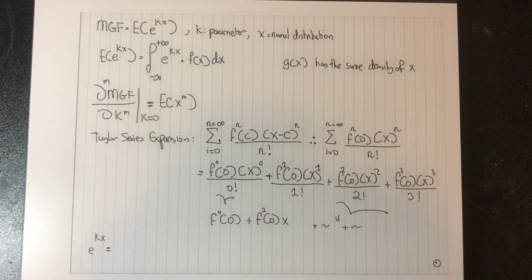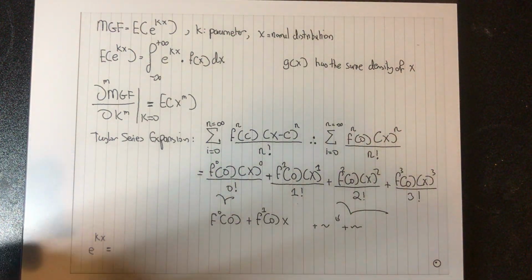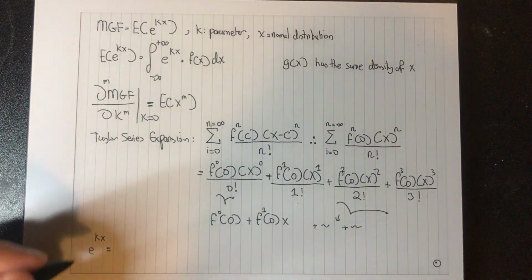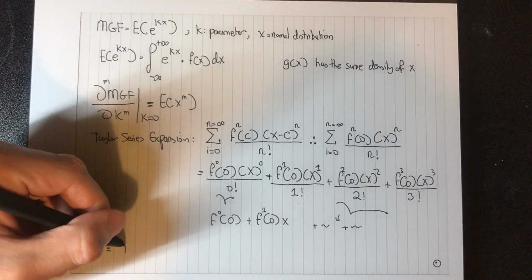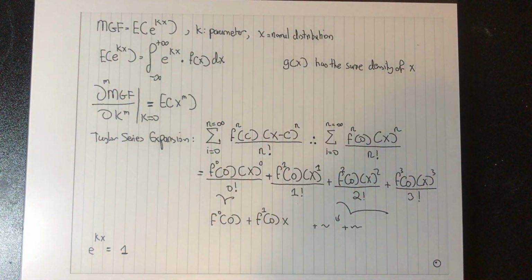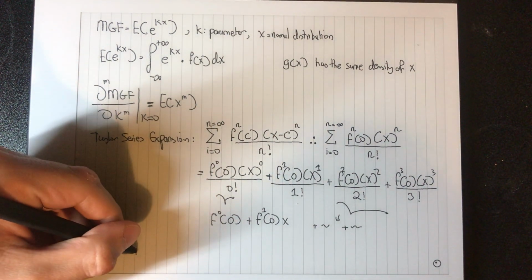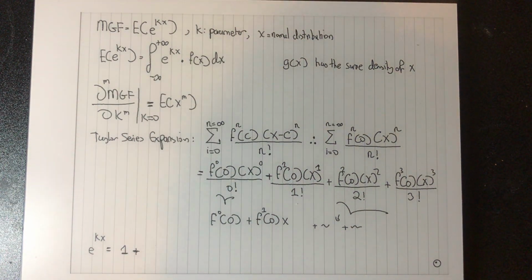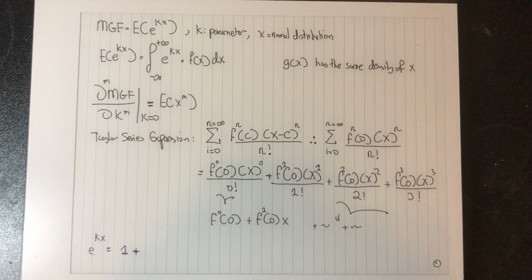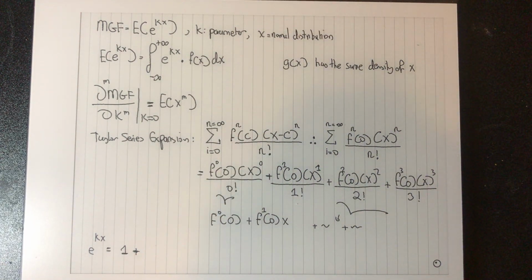At 0, the function is equal to simply 1, because e to the power of 0 is equal to 1, plus the derivative of that.